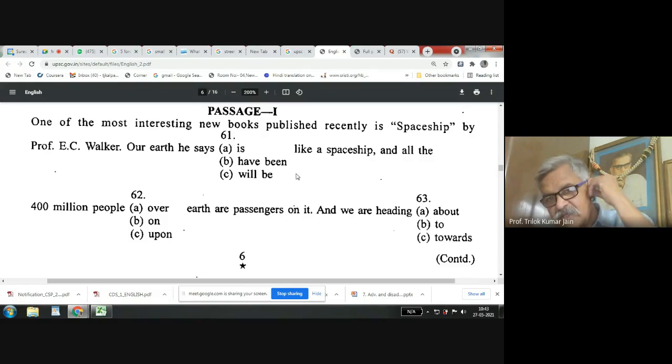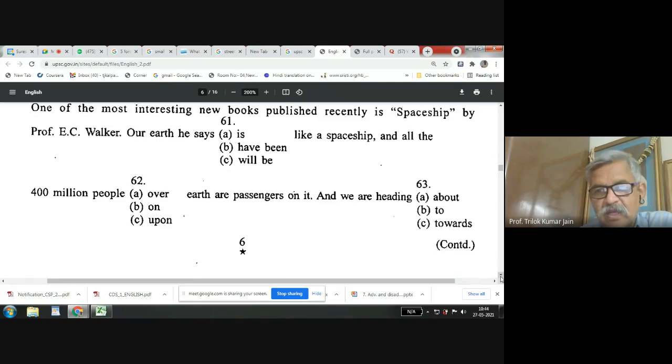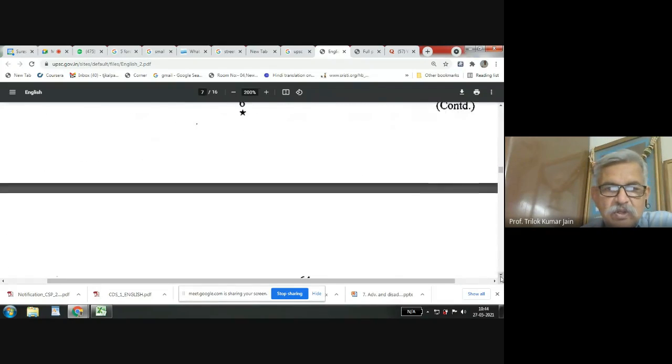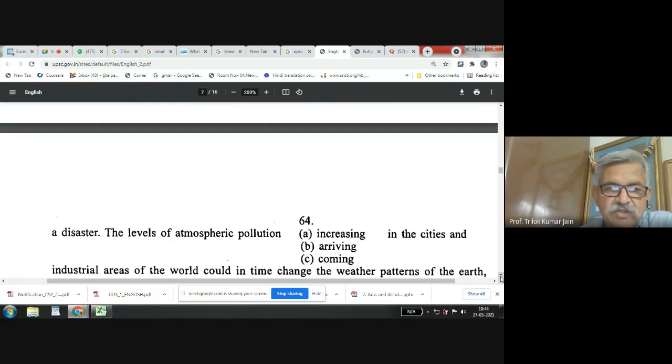Our Earth is like a spaceship, and all 400 million people on Earth, answer would be B, are passengers on it, and we are heading to, answer is B, heading to a disaster.